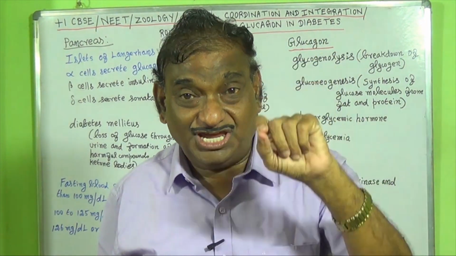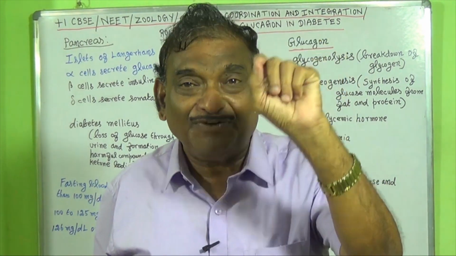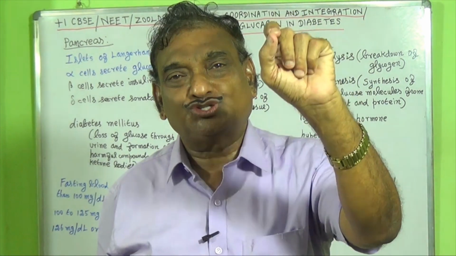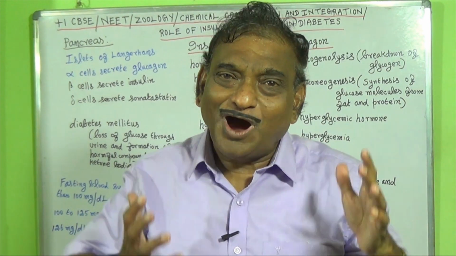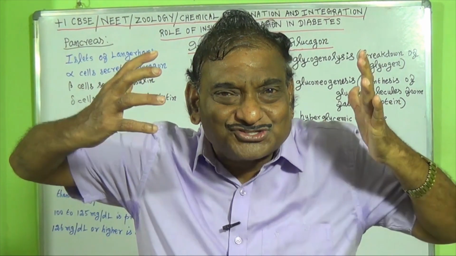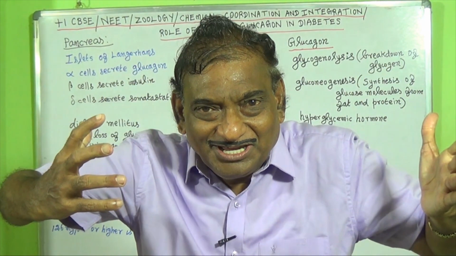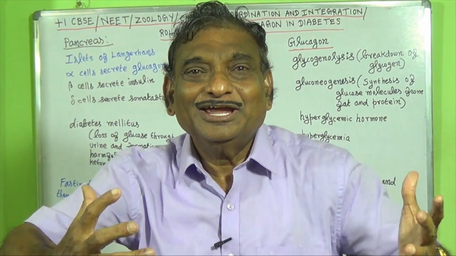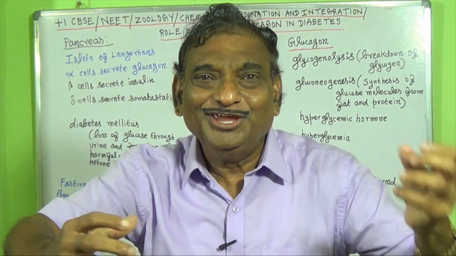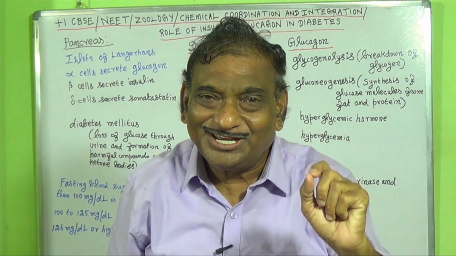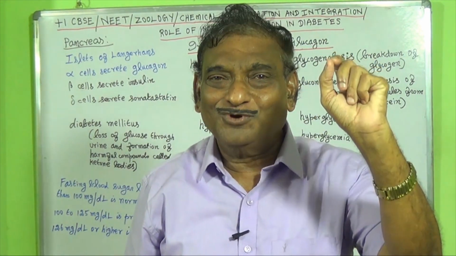These fatty acids are stored as fat in the adipose tissue. So what a fantastic arrangement is given by our God in order to convert the excess amount of glucose.